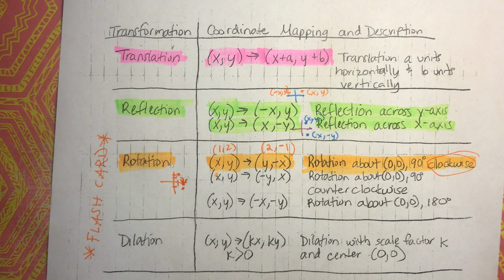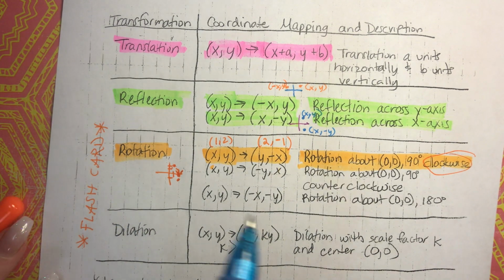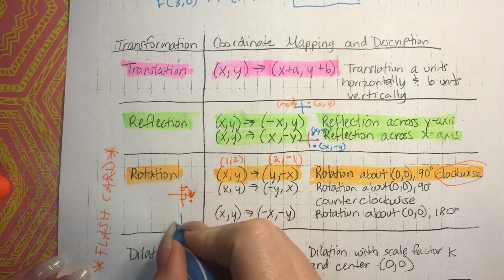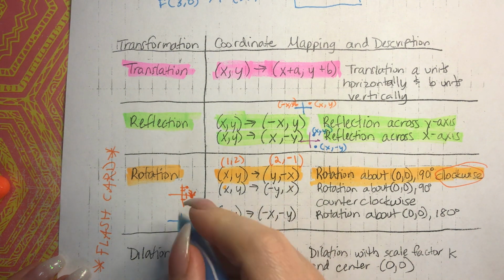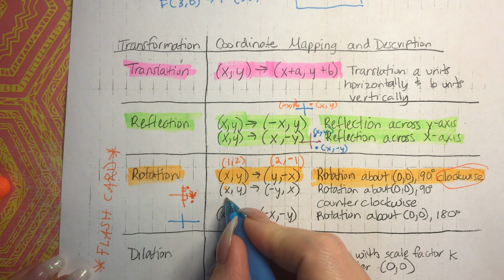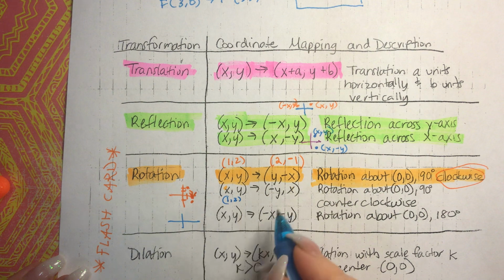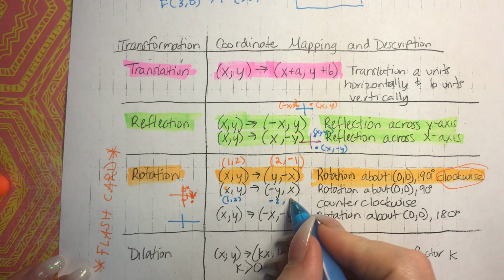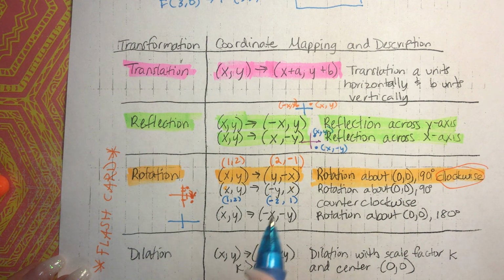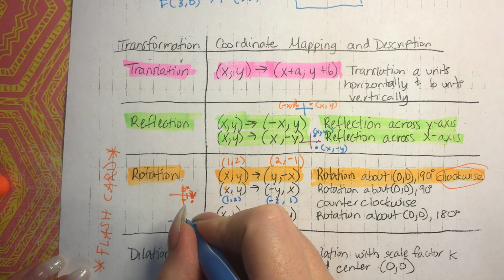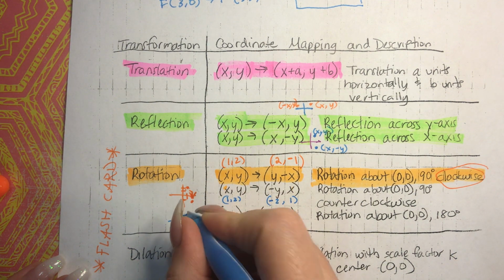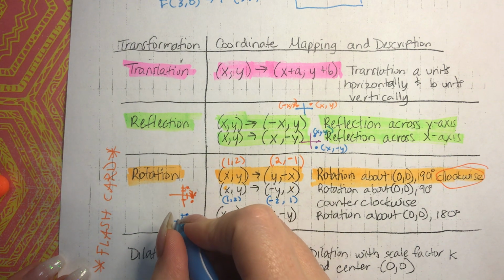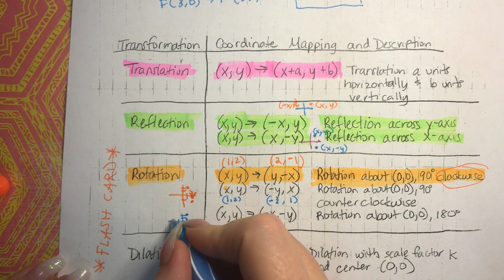If we look at the next one here, I would have a point. Let's say I have 1, 2 again. And then that's going to rotate to negative 2, 1. Okay, so here's 1, 2. And then it rotates into negative 2, positive 1.